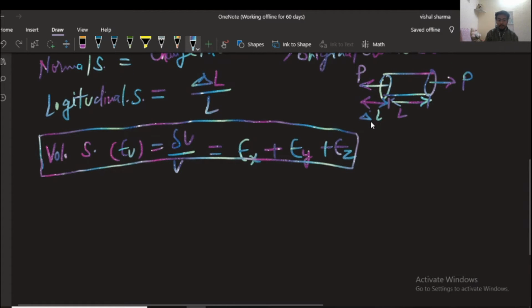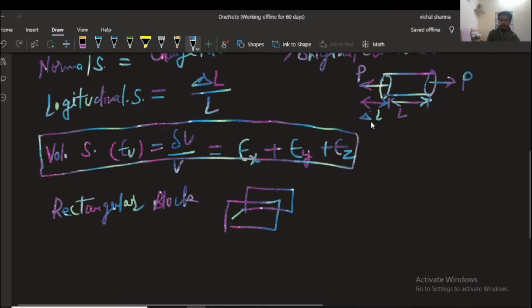So if we take a rectangular block, it has length, width, and thickness.